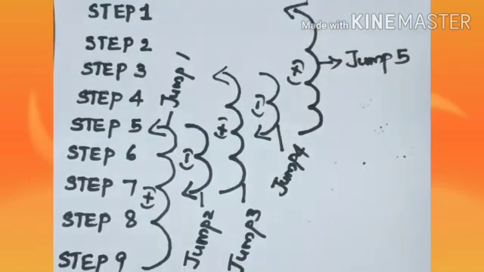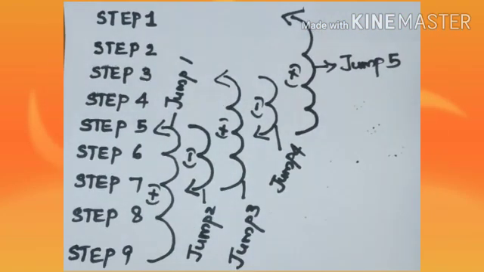This is a simple chart for subdivision 2. Here at the current position, the monkey is on step number 9. He needs to go back to step 1. How many jumps will it take to reach step 1? At the current state, the monkey is on the 9th step. He jumps 4 steps up, represented by a positive number, and 2 steps down, represented by a negative sign.